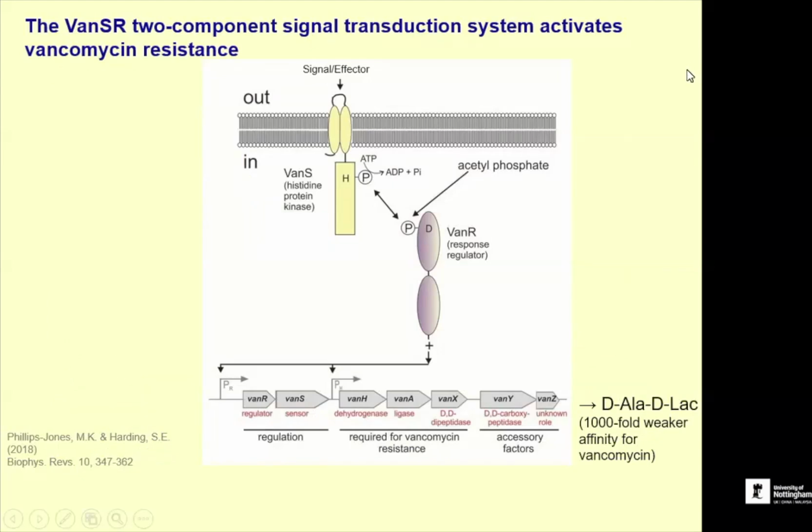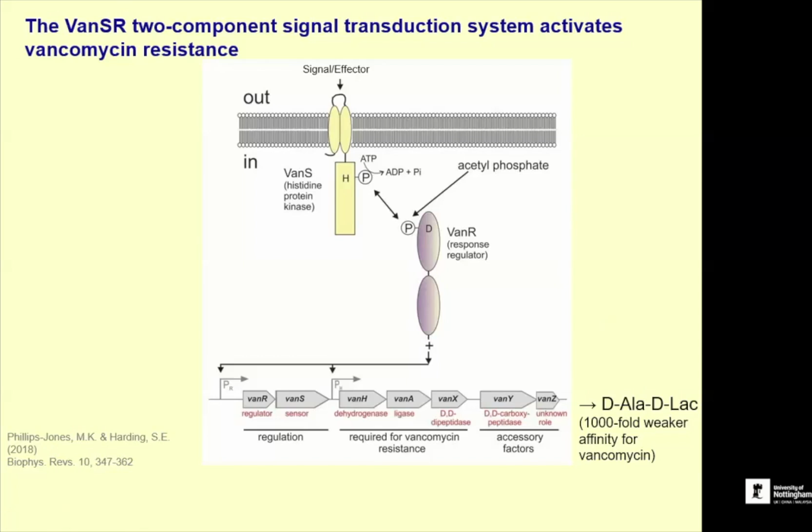And vancomycin resistance works, generally speaking, by the bacterium adapting by switching on a resistance mechanism, which results in the production of diala-D-lactate. So it doesn't produce diala-diala anymore, to which vancomycin can bind. It binds diala-D-lactate, and vancomycin cannot bind with the same strength as to diala-diala.